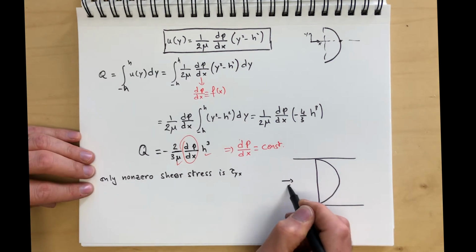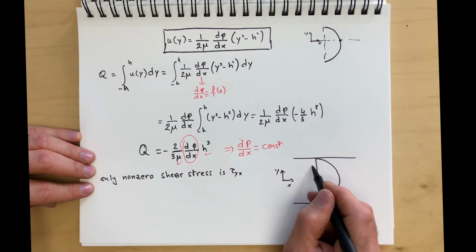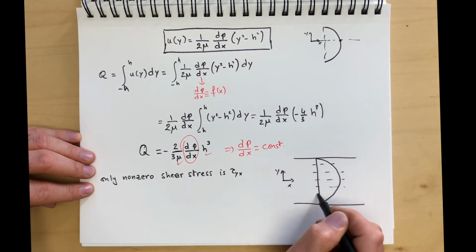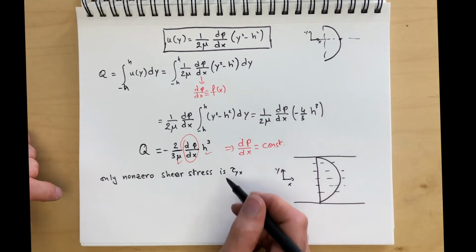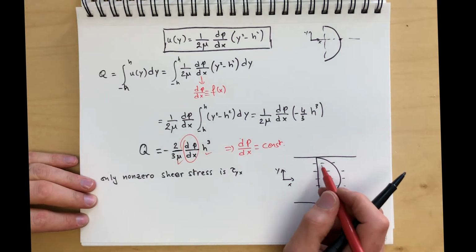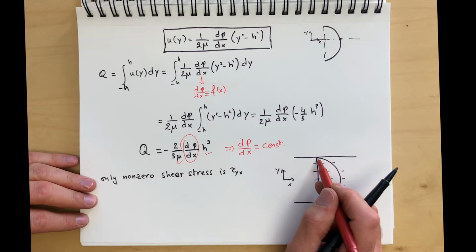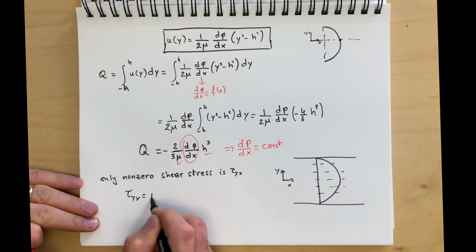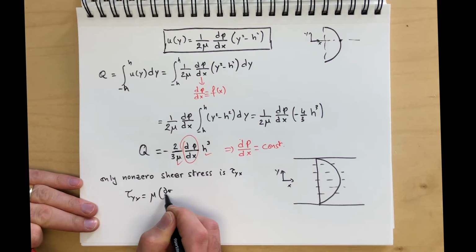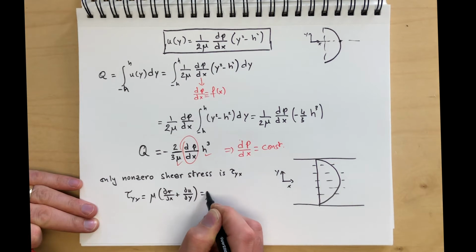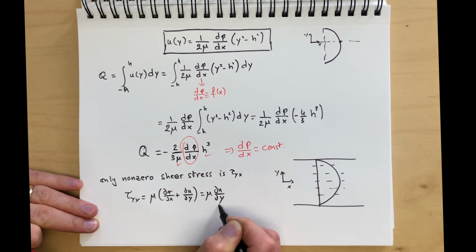Again, this is x, this is y. We're looking at lines of constant y, or y faces, and the shear stress is going to be in the x direction. Now, what do we expect here? Tau yx is mu times dv by dx plus du by dy, which is mu du by dy.